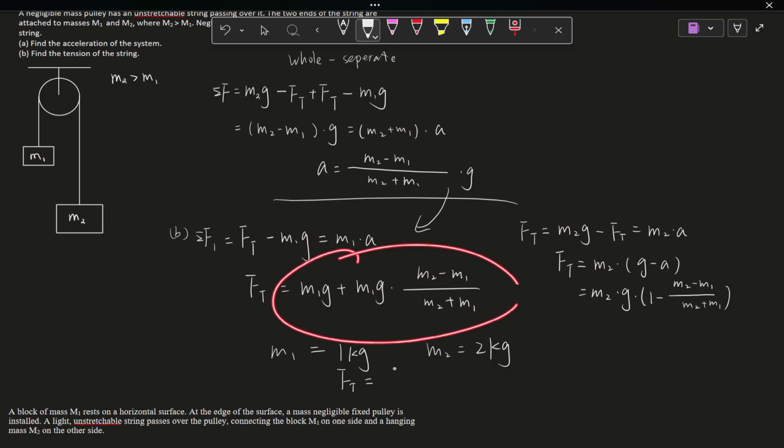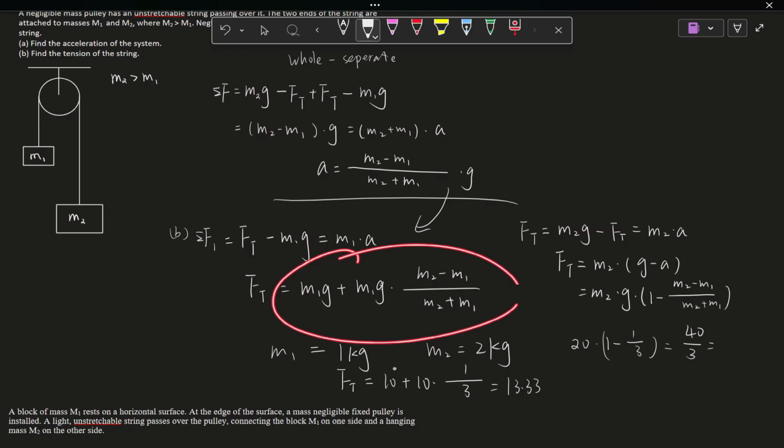You can get something like 10 plus 10 times 2 minus 1 over 1 over 3, which gives 13.333. And plugging the numbers into the second expression, you would get 220 times 1 minus 1/3, which is 3 over 40.